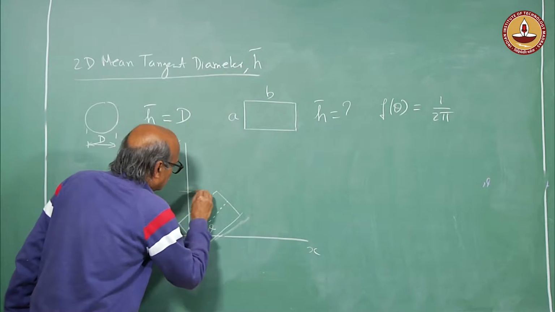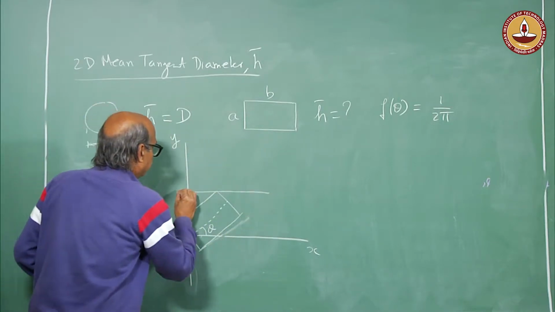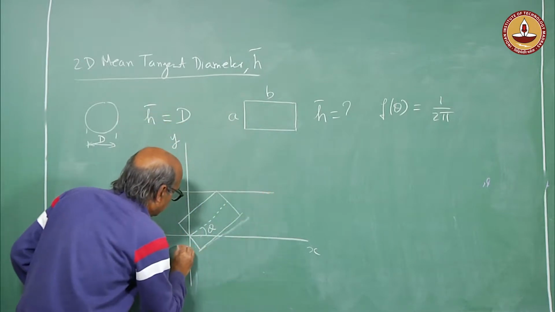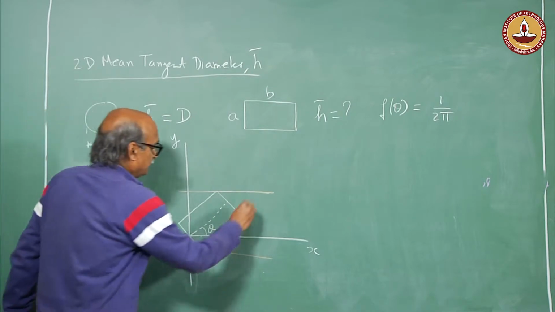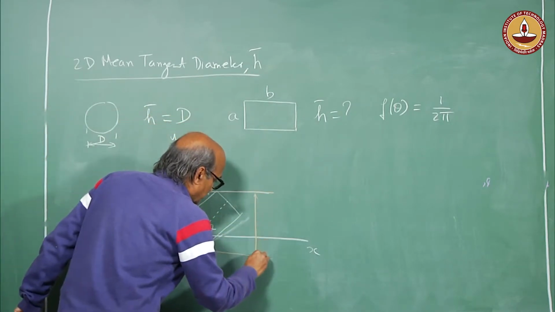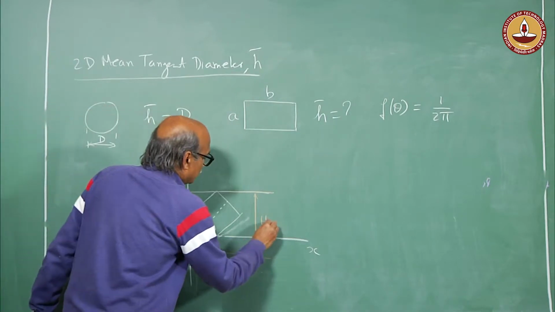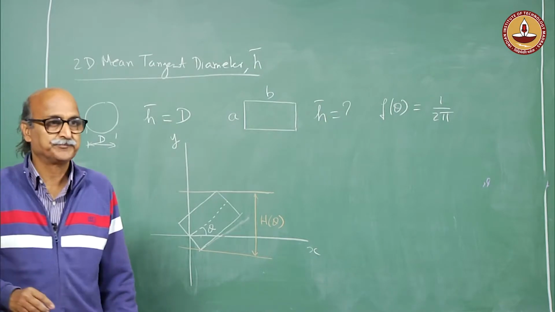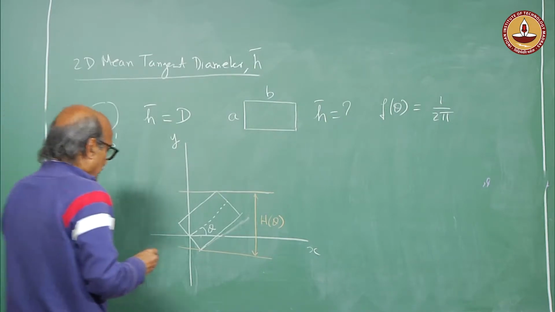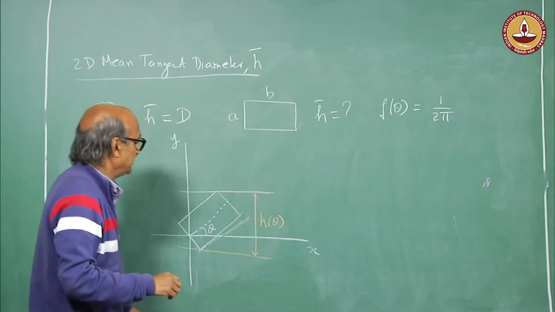What I will do is, these are my two tangent lines parallel to the x axis, and the distance between these two tangent lines would be h theta. Now, I am using small h, so I will keep using small h here.